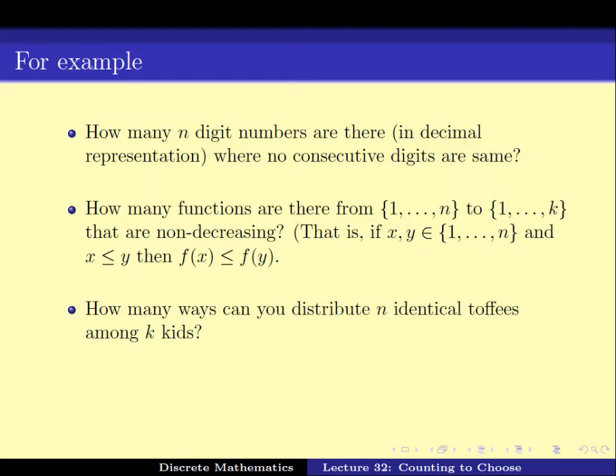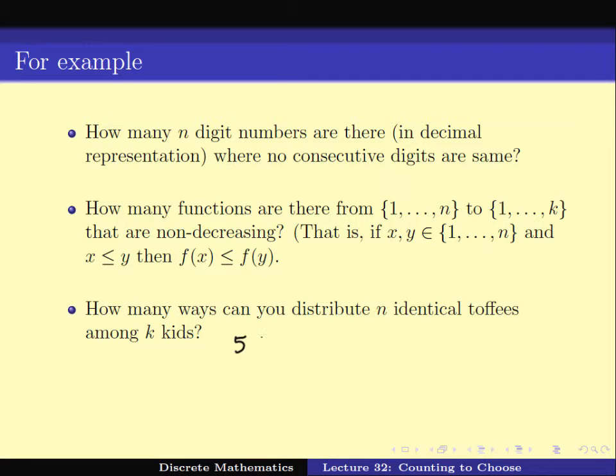The third question is, if you have n identical toffees and you have k kids, how many ways can you give them to the k kids? So for example, if I have 5 toffees and 2 kids, how many ways can I give them?